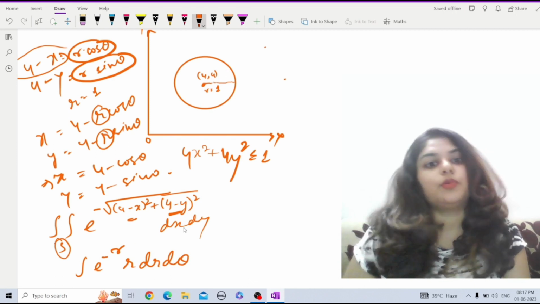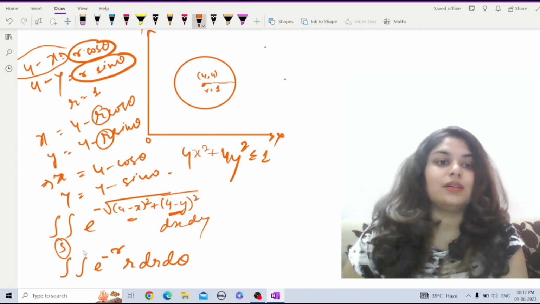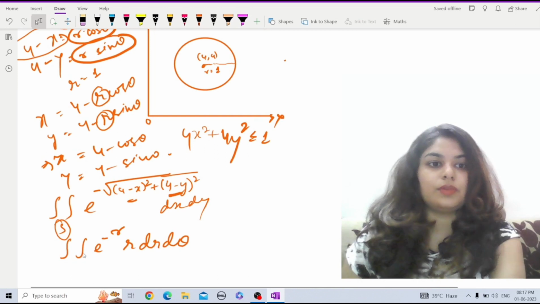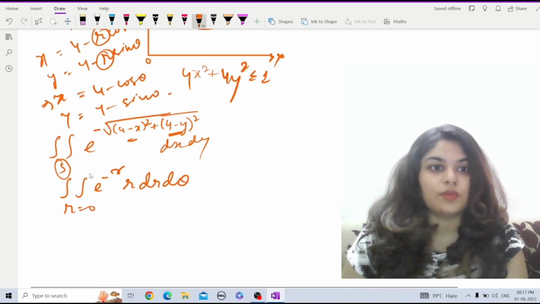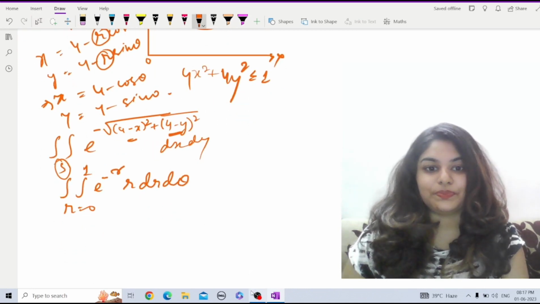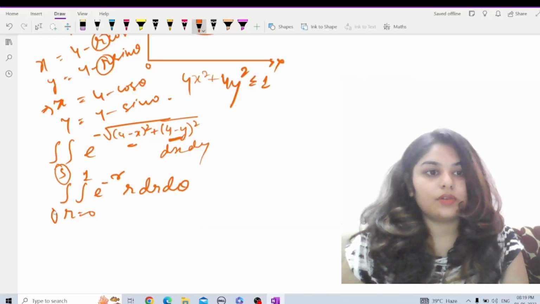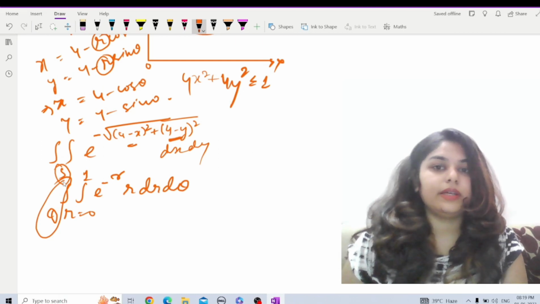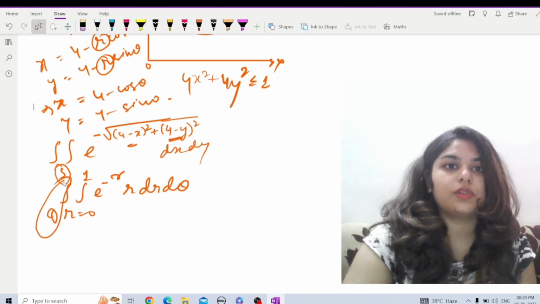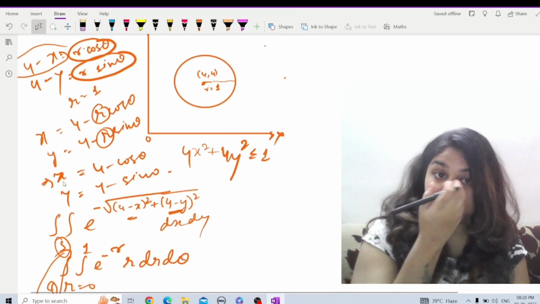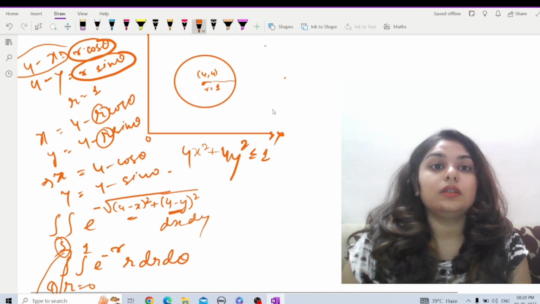This is what we got if we put the values here, and of course the integral here is going to be from r equals 0 to 1, the radius. Now this is going to be theta, so here we have to find out the range of theta. For that let us try to find out the angle, right?